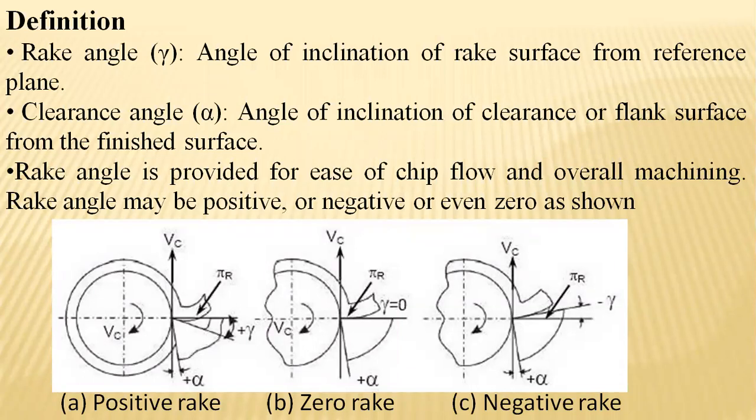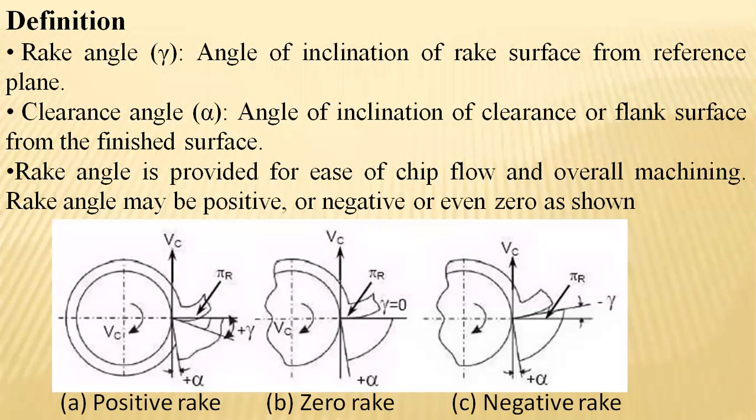is provided for chip flow and throughout the overall machining process, any kind of machining process it is, whether it may be drilling, milling, reaming process, whatsoever it may be. And this will be in both the polarity of ratios. So we can say that the machining process can be progressed either in the positive or negative directions.